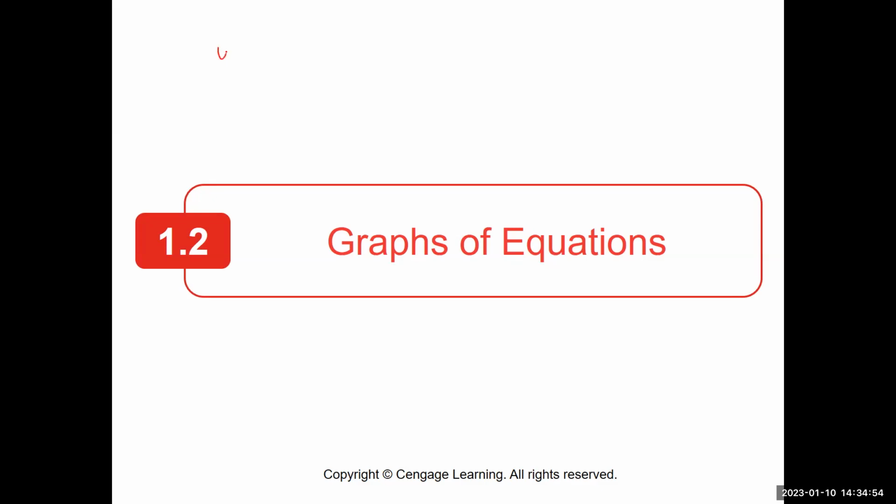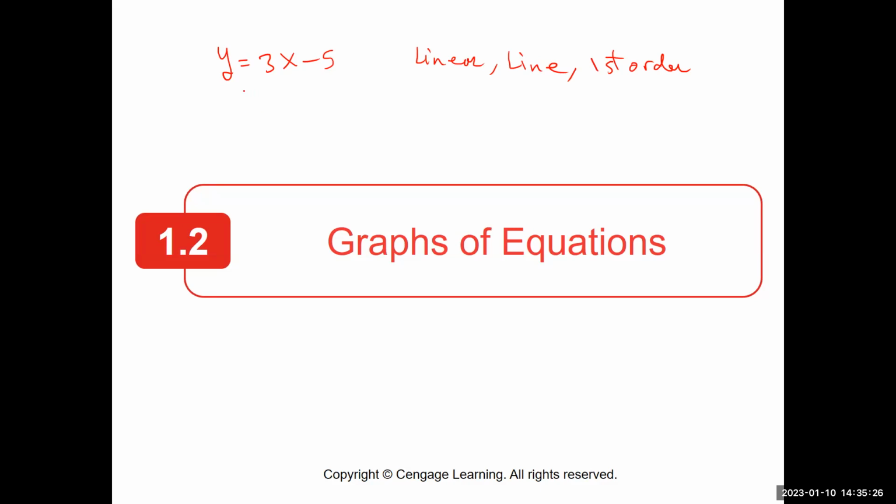If I write y equals 3x minus 5, the x has no power. So basically we call this one a linear equation, or we call it a line equation, or we can call it a first order equation. So all this means the same thing.